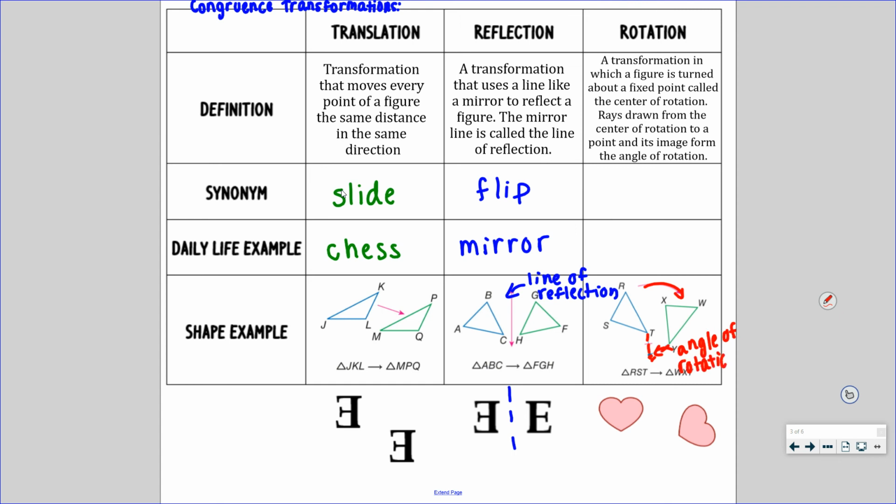Angle of rotation. You can see that it's not necessarily flipped, like a reflection, but almost turned over on its side. Another synonym for rotation is a turn.